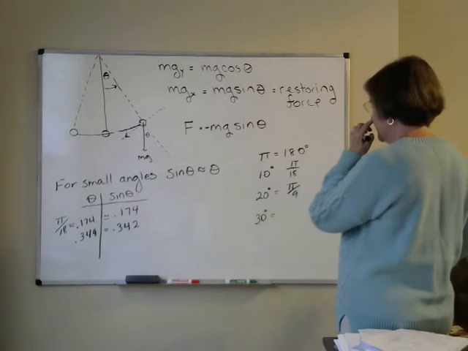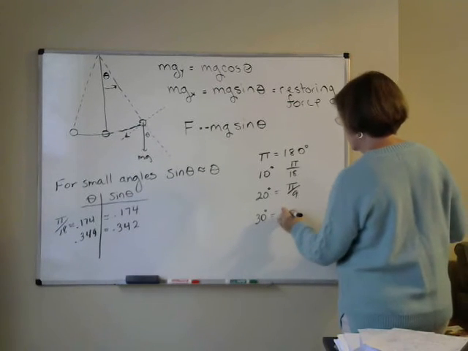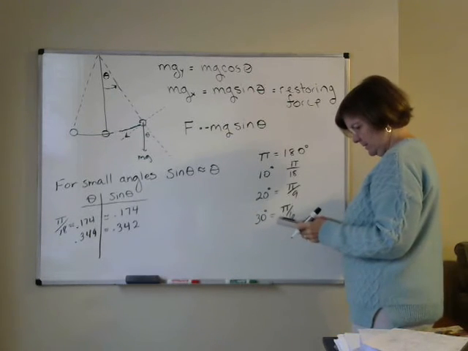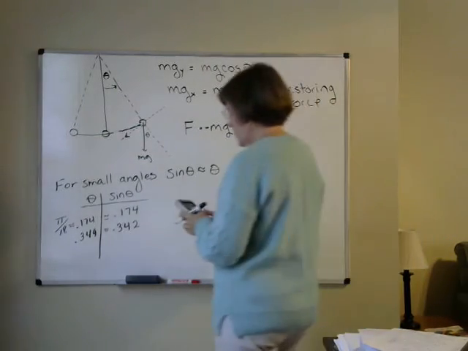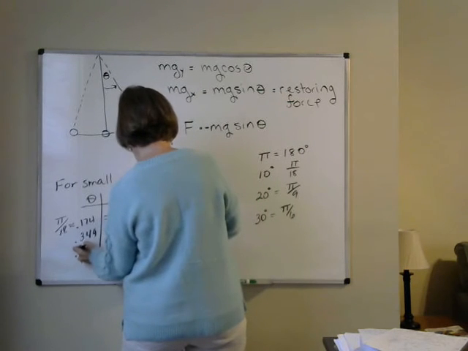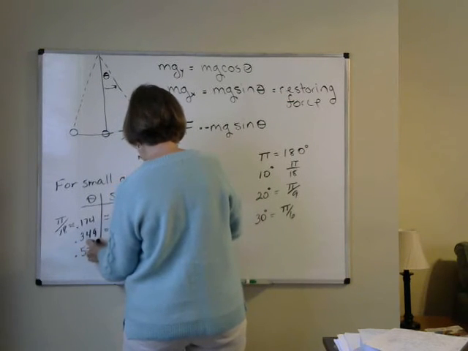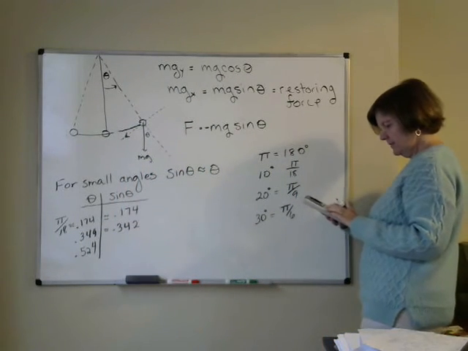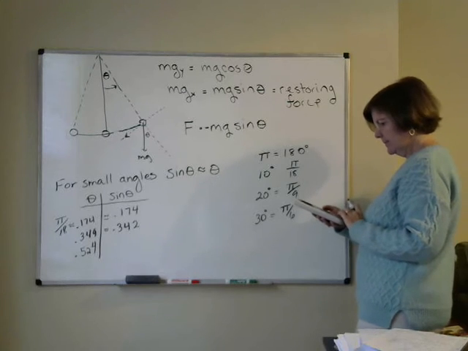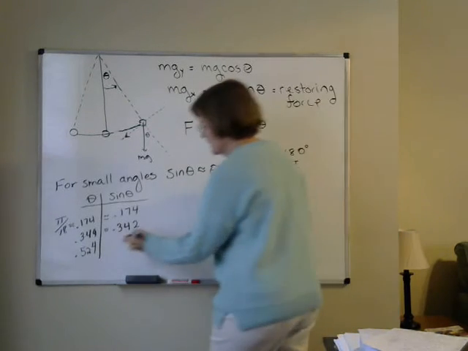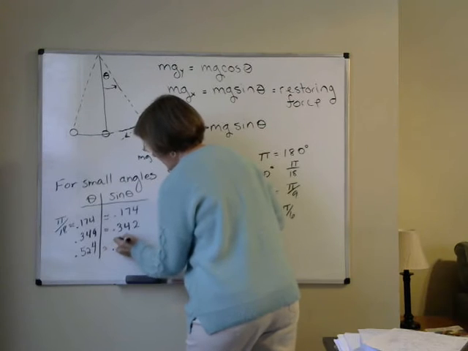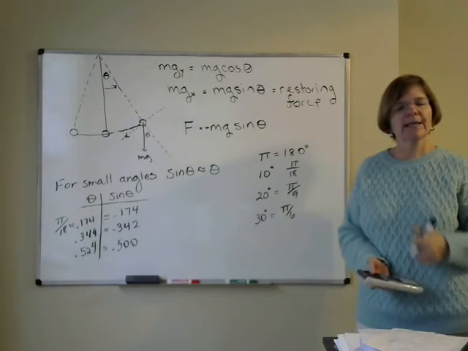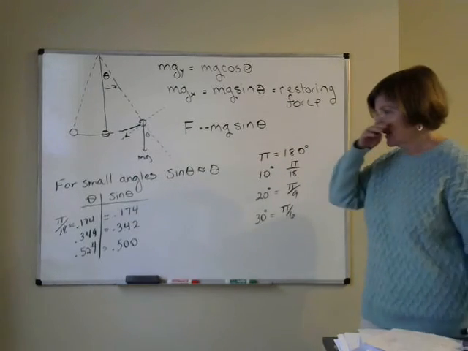So 30 degrees is pi over 6. That's 0.524. Sine of pi over 6 is 0.500. So a little farther off. As we get the angle larger and larger, it's going to get farther off.